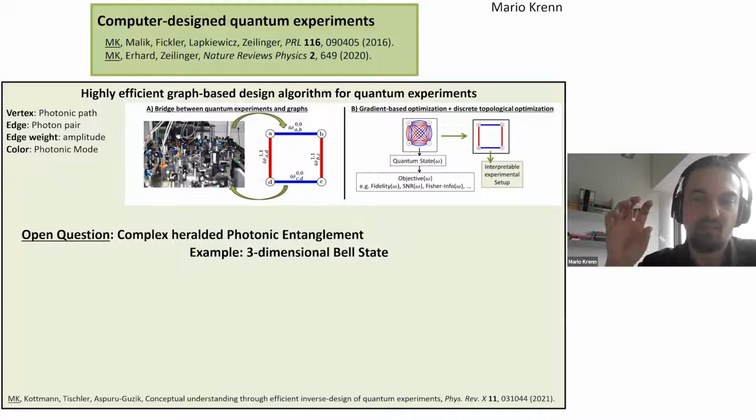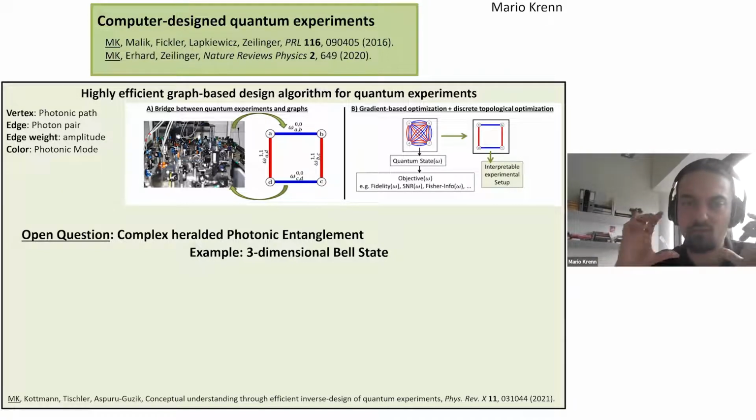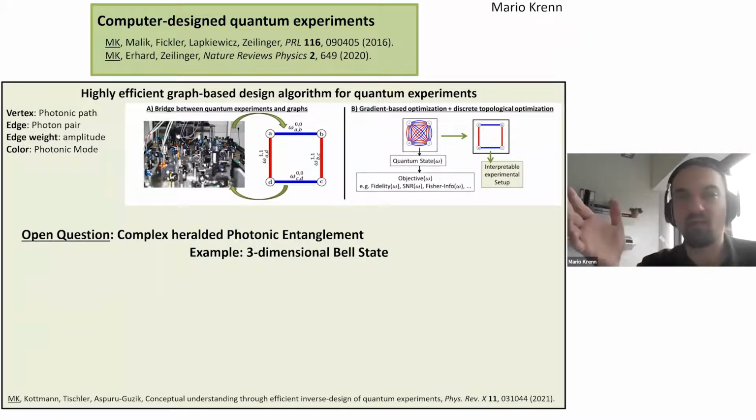You basically get it with some probability. But now you could think about having a system that has a few trigger detectors, and if those trigger detectors give you a click, then you know for sure that you got a certain quantum state. And that is called heralded entanglement.